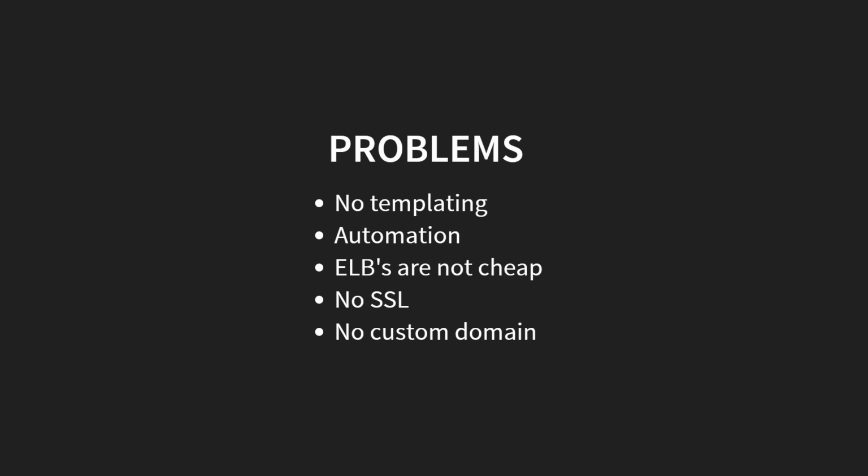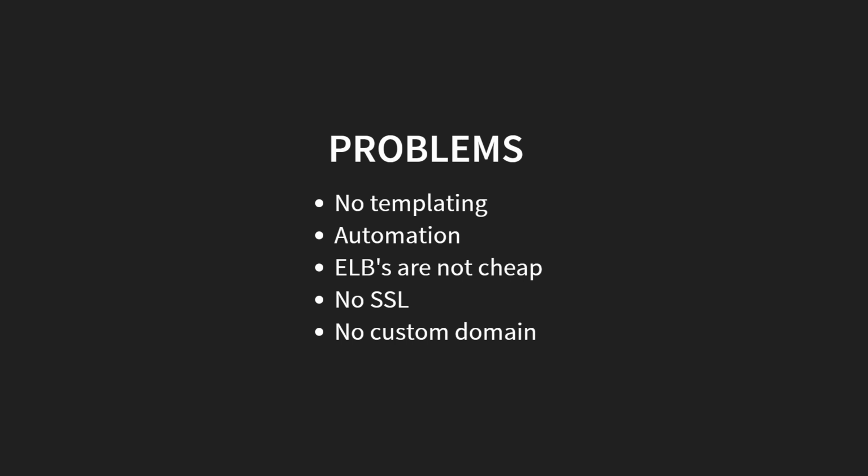We're manually deploying our applications to the cluster, and we would want to automate that in some way. We've also created an ELB for our application, which is not necessarily cheap if we have multiple applications running in our cluster and we want to expose each and every one of them to the world or to each other.